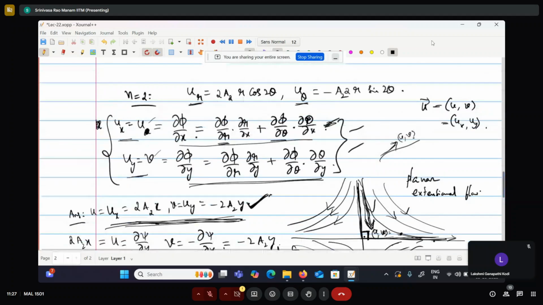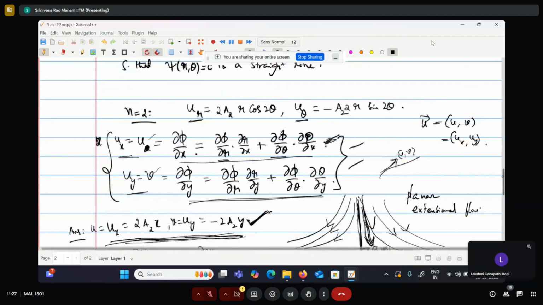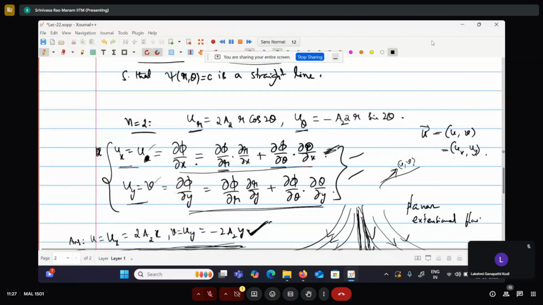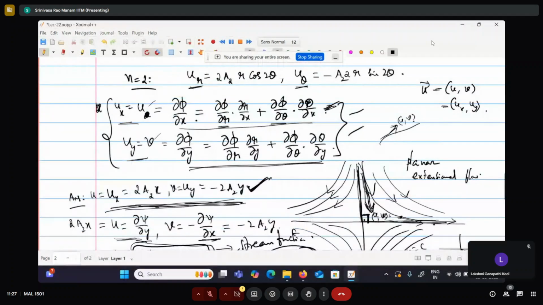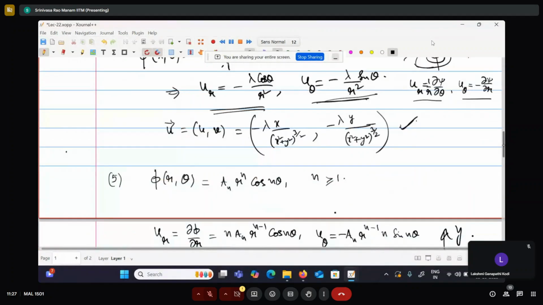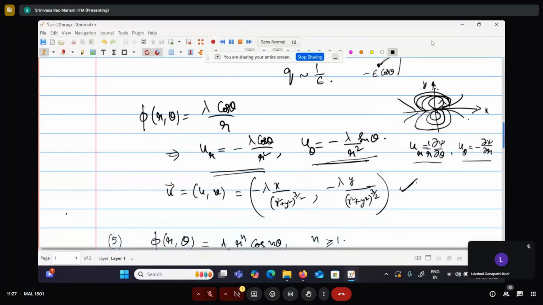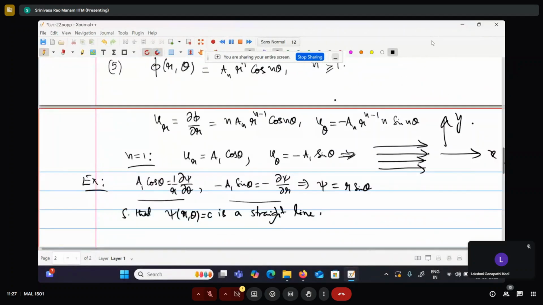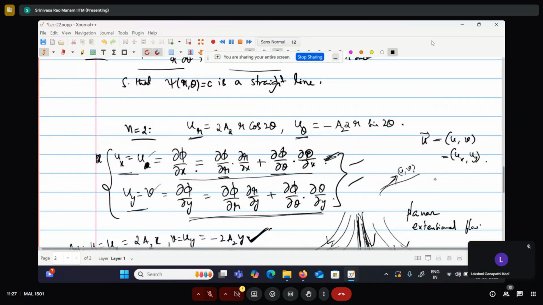So phi of x y, what is the phi x y here? If you do n equal to 2, what is the solution? What is your phi? A2 r square cos 2 theta. So phi of r theta equals a2 r square cos 2 theta.